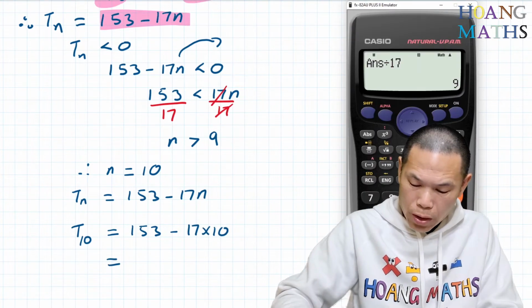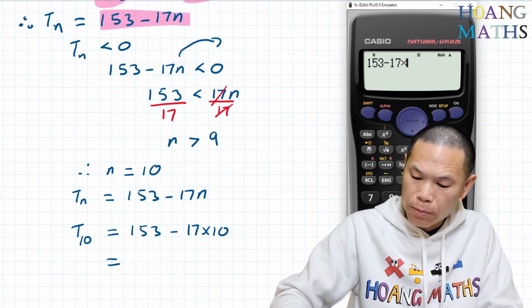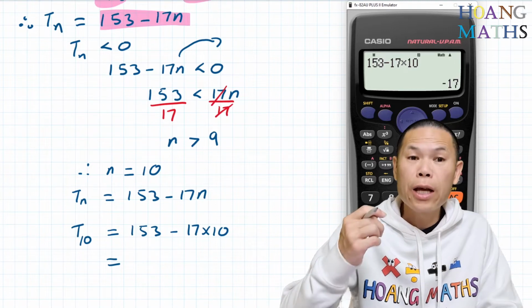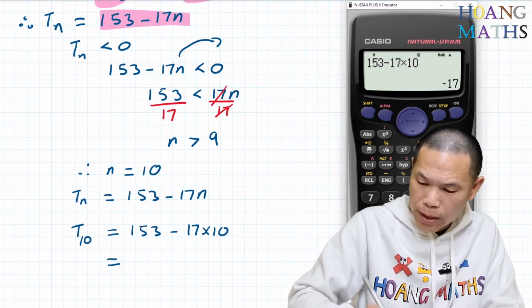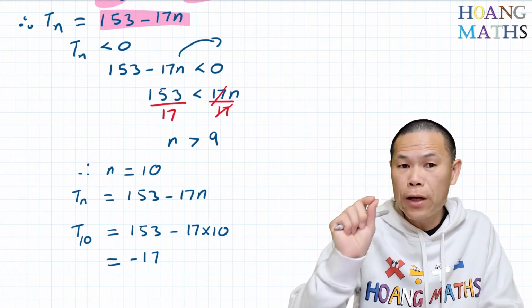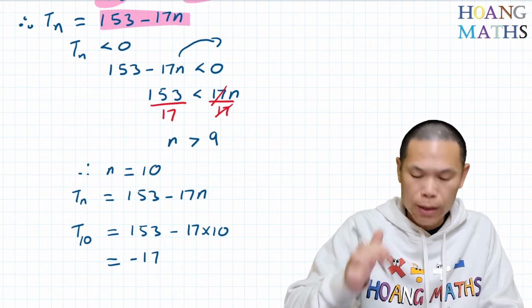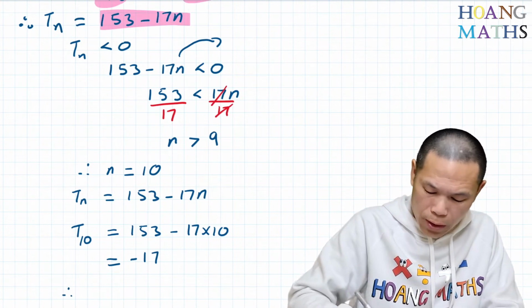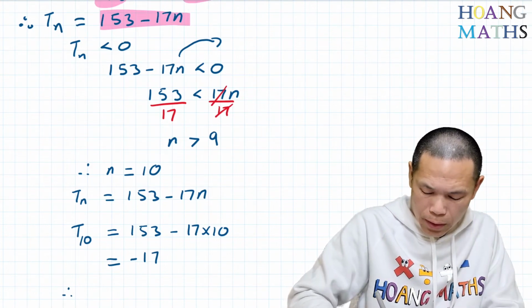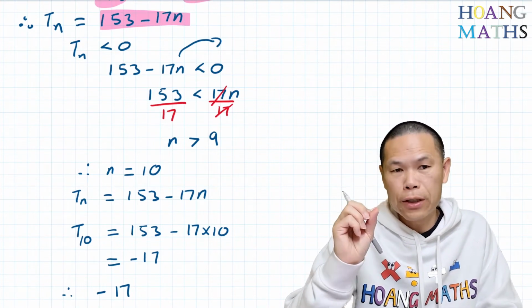So term 10 gives me negative 17. Therefore, the first negative term of this sequence is negative 17.